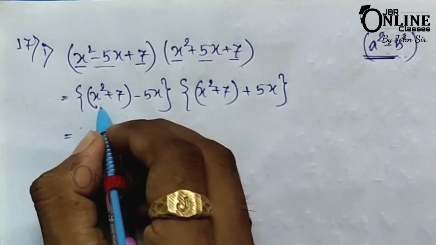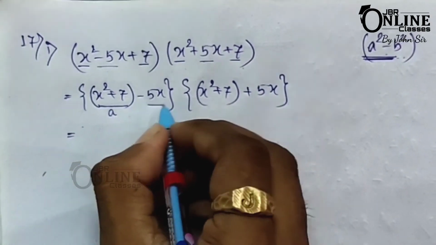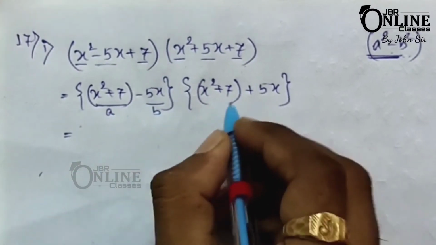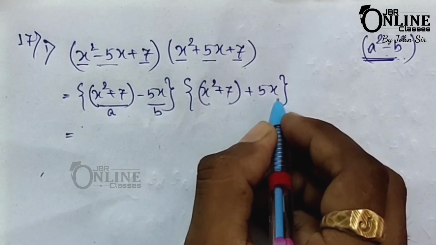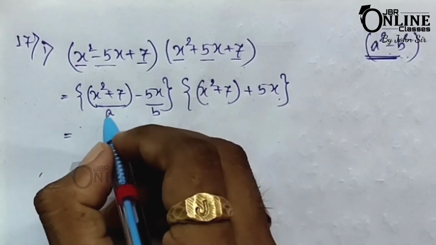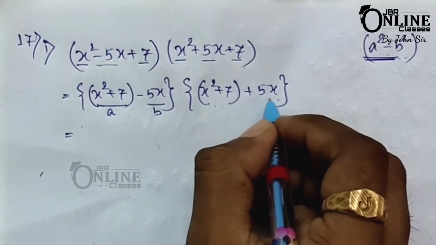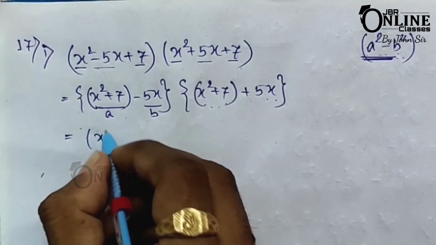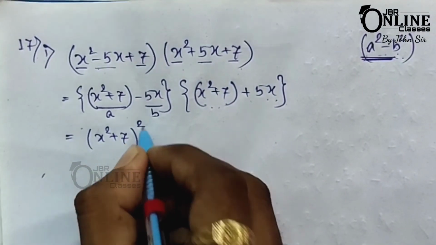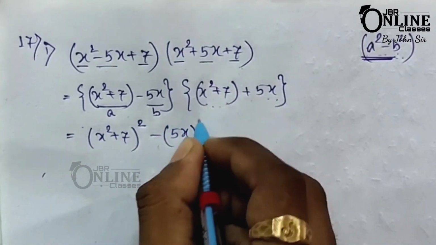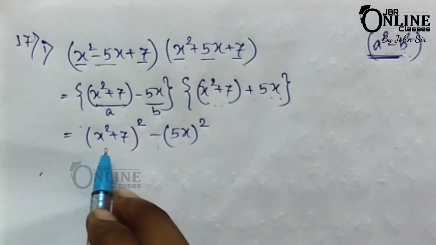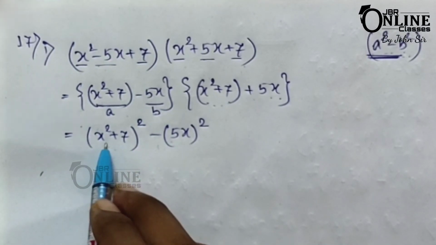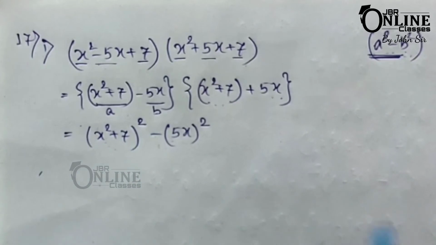So if x square plus 7 is a and 5x is b, then it will be a minus b and a plus b. Now you know that a minus b into a plus b is the formula of a square minus b square. So you can directly write down (x square plus 7) whole square minus (5x) whole square. So that is the expression as a difference of 2 squares.